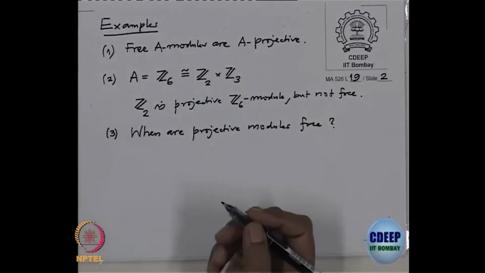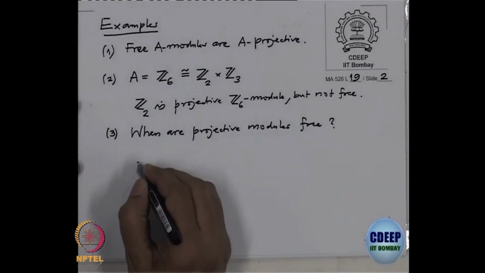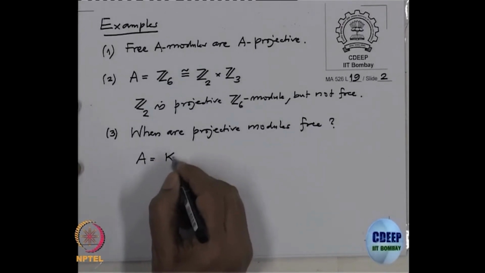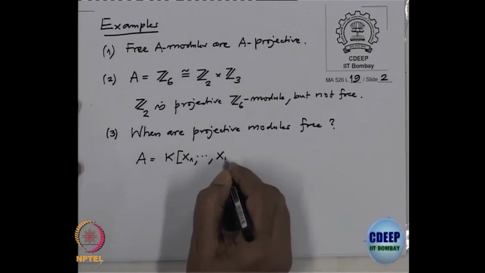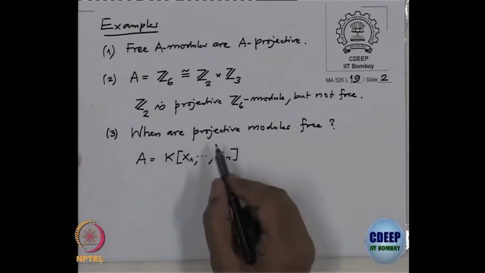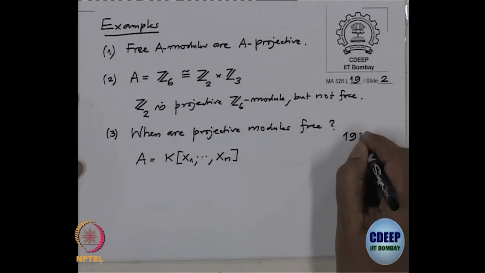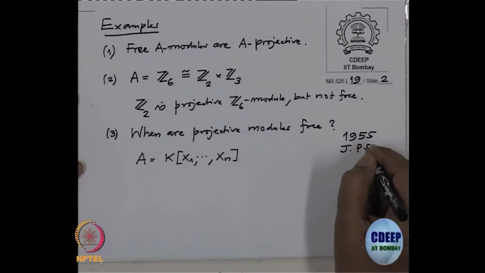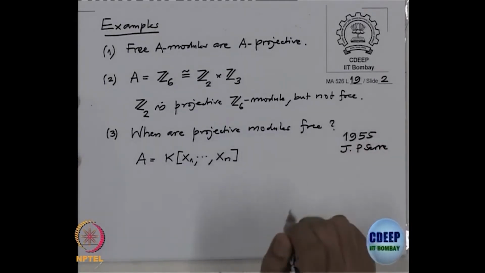So, for example, we are interested in a polynomial ring, even for a polynomial ring over a field. So, even when you take A equal to, in this ring, actually this question originated in 1955 by J.P. Serre, and his motivation to raise this question was the following.